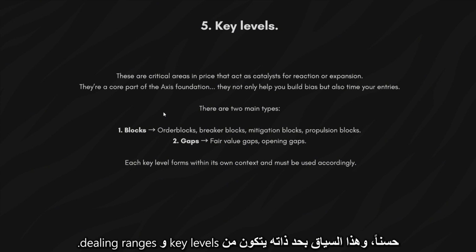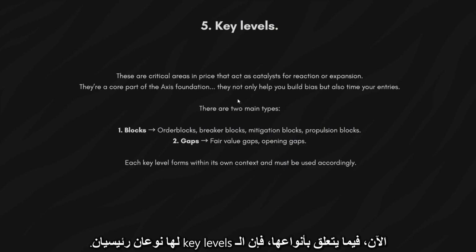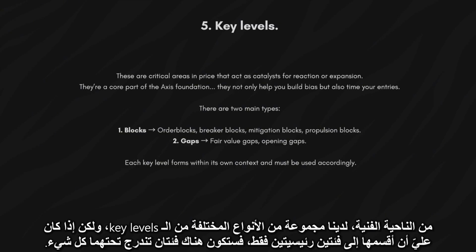Okay, and those contexts in itself are made from key levels and dealing ranges. That's something that we will discuss in chapter 2. Now, regarding its types, key levels have two main types.